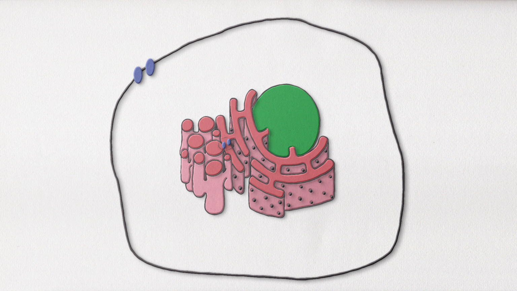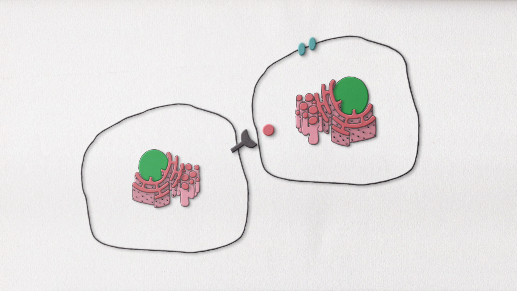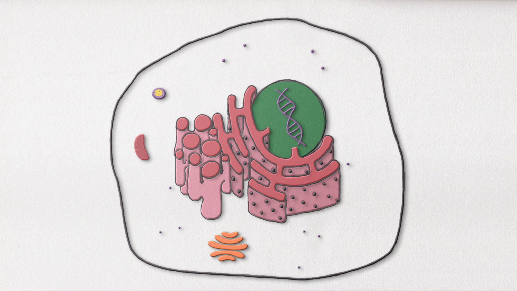These proteins go on to be a part of the cell membrane or are transported out of the cell to other destinations. Proteins are essential for many physiological processes within the cells, such as cell signaling, DNA synthesis and repair, transport of molecules, forming cellular structure, and I could go on and on.